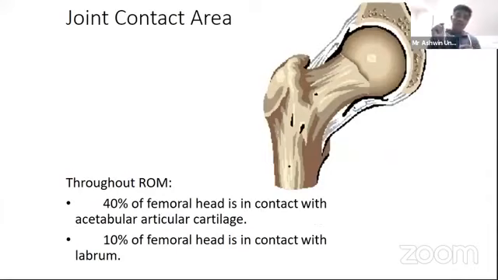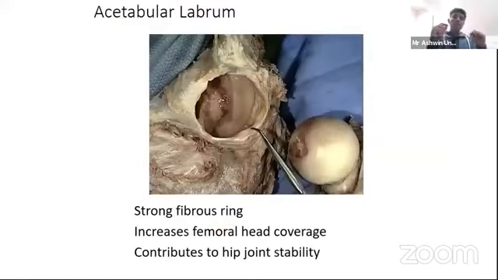Now, it is important to know that 40% of the femoral head is in contact with the acetabular articular surface, and 10% of the femoral head is in contact with the labrum. If you do a dissection of the hip, you can see that the labrum is a strong fibrous ring, which increases the articular surface of the femoral head and gives the hip joint its stability.